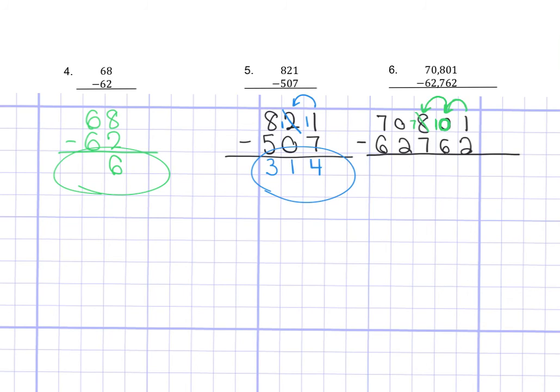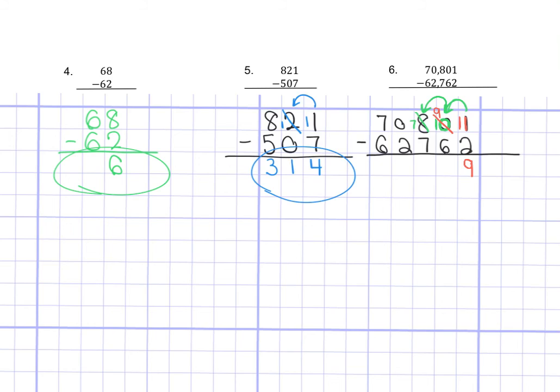But then what do I immediately have to do? Because I haven't even made it back to my original place. I have to then borrow from my 10 and make that become a 9 to get back to my original place, which when I add 10 to the 1, it becomes an 11. Okay. So 11 minus 2 is 9.